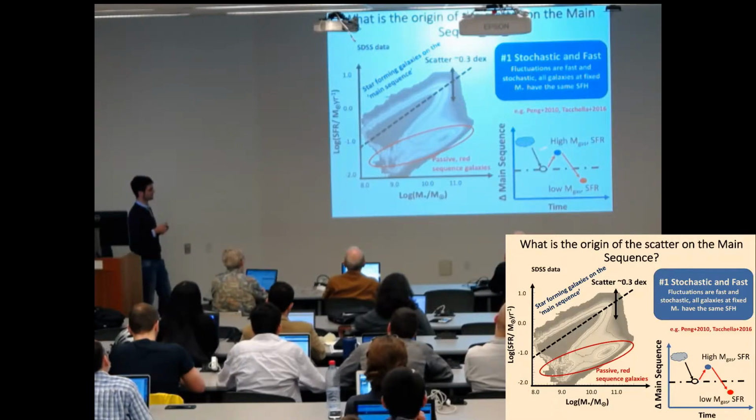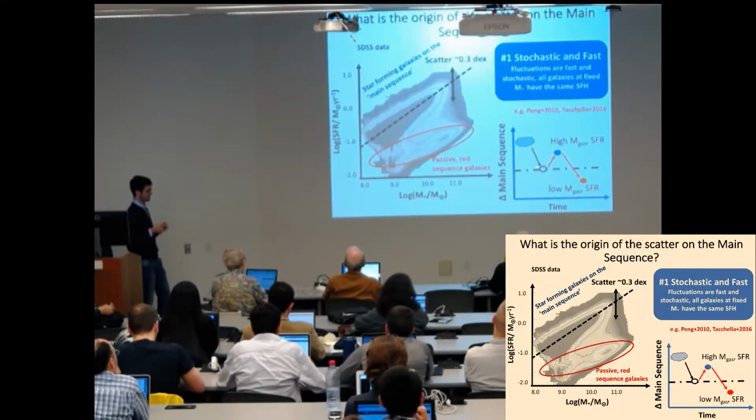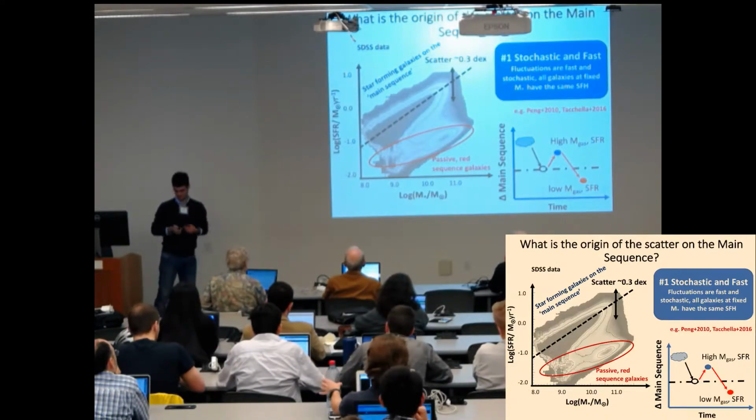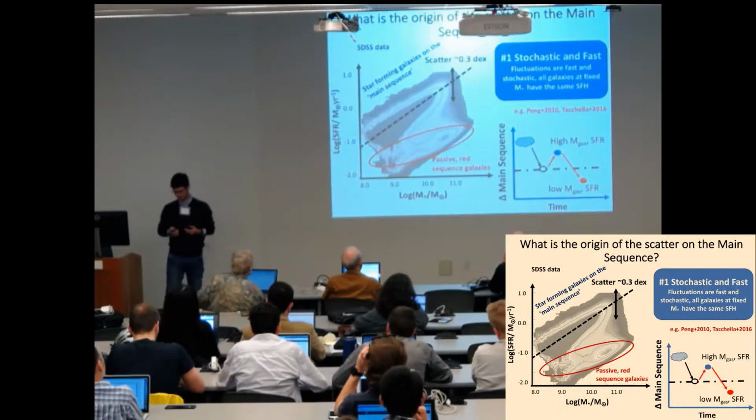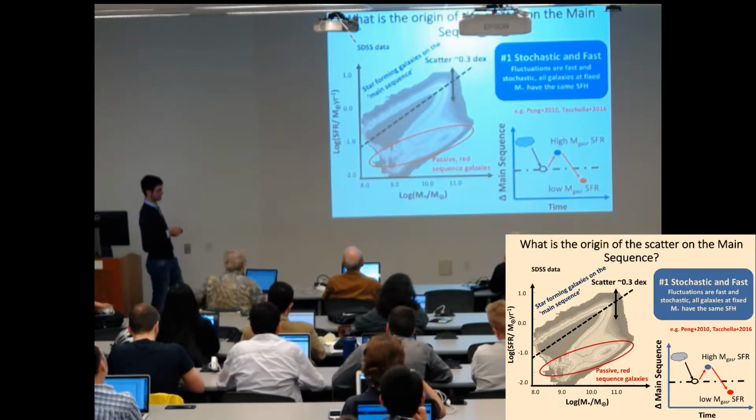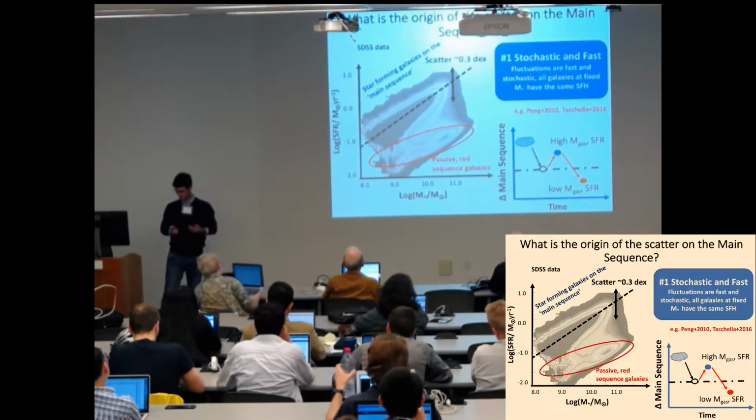You have, say, a small gas accretion event. Gas falls on a galaxy that's on the main sequence. The galaxy moves up, has high gas mass, high star formation rate for a little time. Then star formation rate drives outflows. Outflows kick out the gas. The galaxy plunges below the main sequence for a short time, and then you can imagine this happening over and over again over cosmic time.